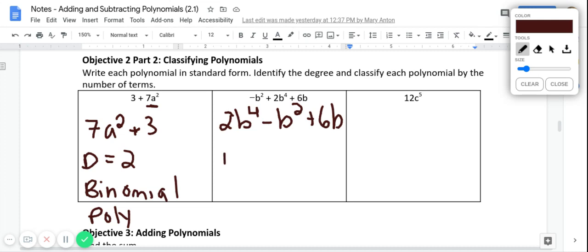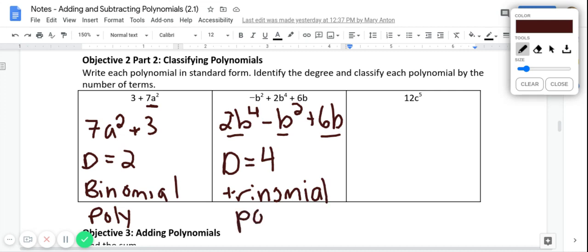So the degree of a polynomial is just the degree of the first term written in standard form, which is just degree 4 for us. And how many terms do we see? 1, 2, 3. So this is a trinomial. And yes, this is also technically a polynomial.